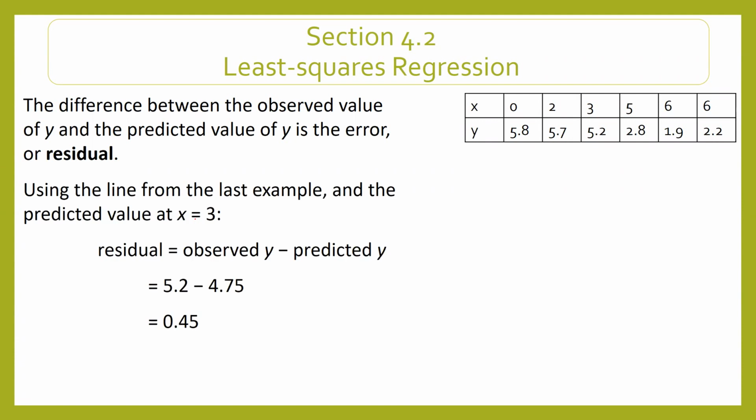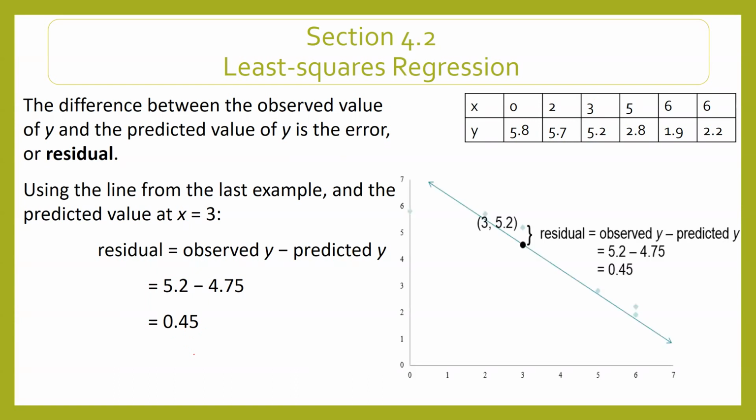So for the example we are dealing with, residual, we can easily compute it. Remember that when x is 3, we know the value. It's 5.2. So the observed value is 5.2, but what we got in the previous slide is 4.75. So when we subtract the 2, we have what we call the residual, which is 0.45 in this case.